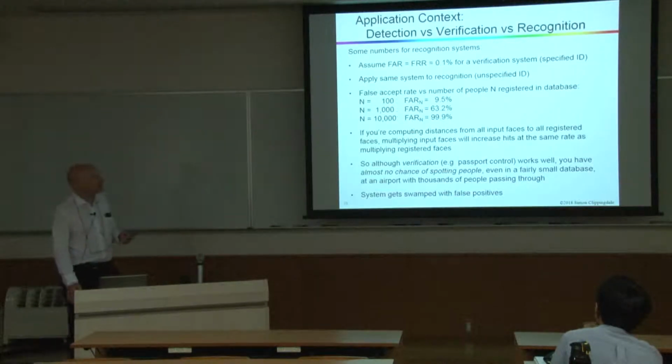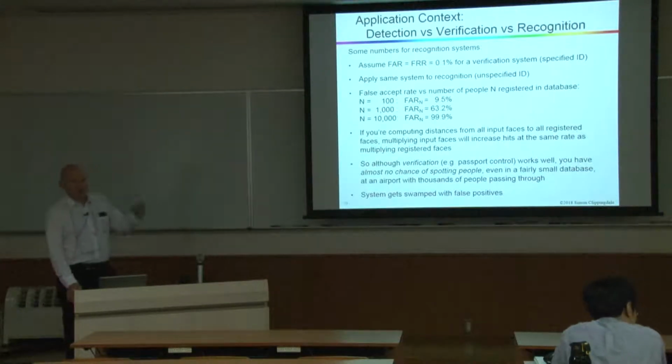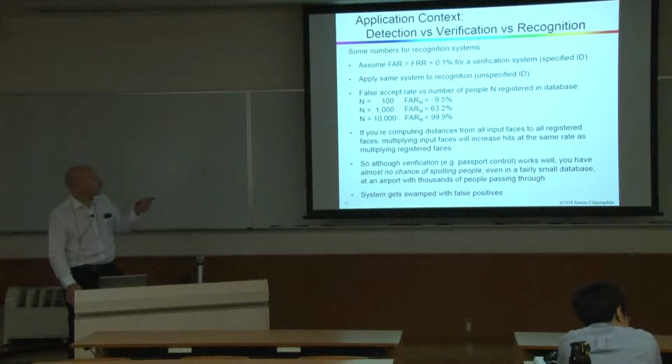So here are some numbers. If we have a verification system with a 0.1% false accept and false reject rate, try and use that same system for recognition, what happens? Well, the false accept rate goes up with the number of people registered in the database.